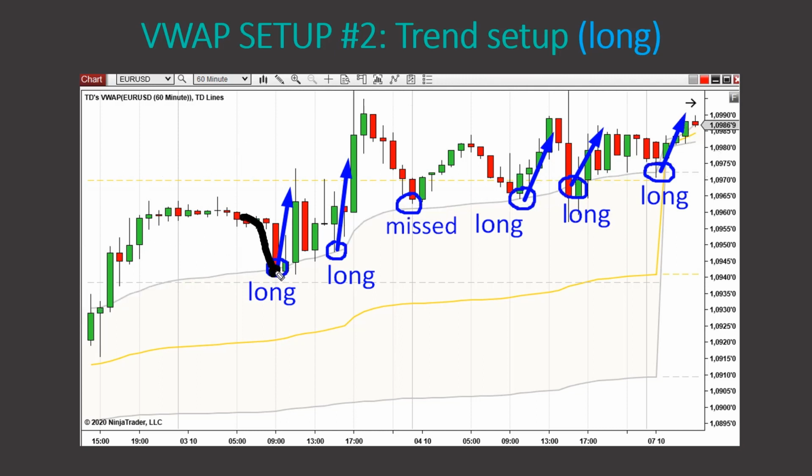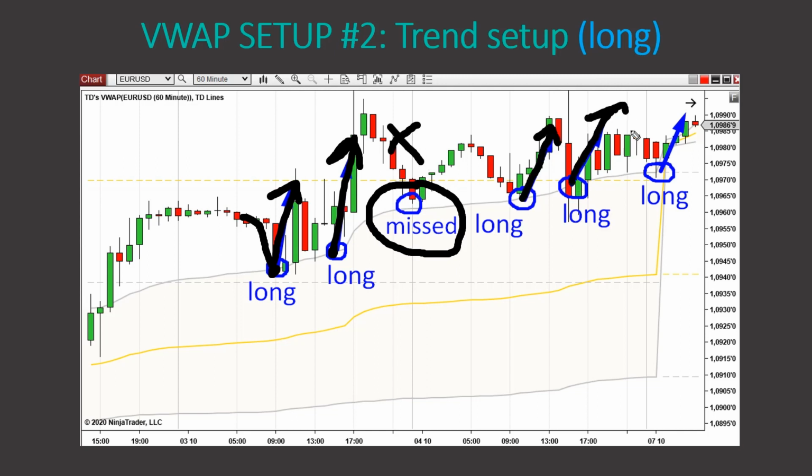First pullback in here, you go long. Another one in here, another long. Now this place, the price missed the entry, no trade from there. Another touch, another one, another one. Now, in all cases, it's not that easy, that simple. This is just a nice trade scenario where there was a strong uptrend, right?